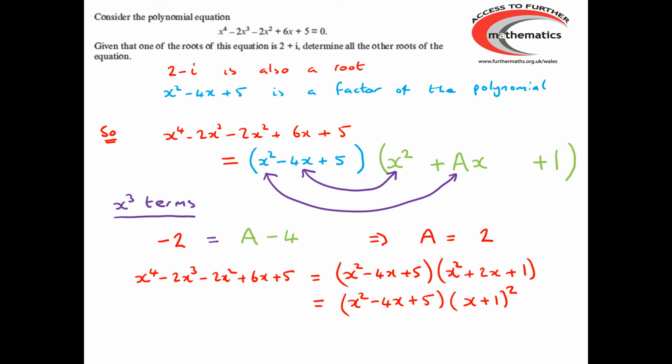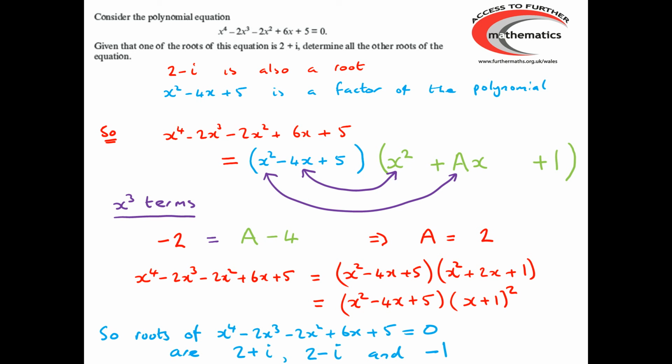We know that x squared minus 4x plus 5 gives us the roots 2 minus i and 2 plus i. x plus 1 squared is just going to give me x equals minus 1 as a root. So there we are, our roots are 2 plus i, that was the given one, 2 minus i, and then finally we've also got minus 1 as a repeated root.